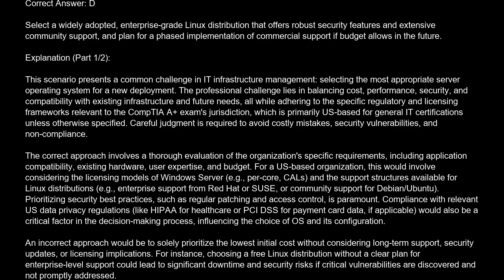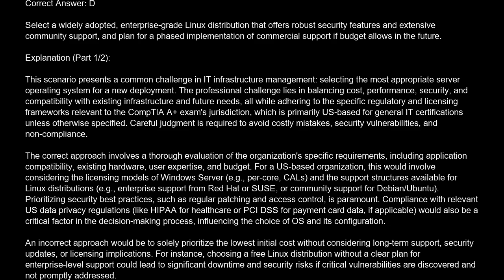Prioritizing security best practices, such as regular patching and access control, is paramount. Compliance with relevant U.S. data privacy regulations, like HIPAA for healthcare or PCI DSS for payment card data, if applicable, would also be a critical factor in the decision-making process, influencing the choice of OS and its configuration.